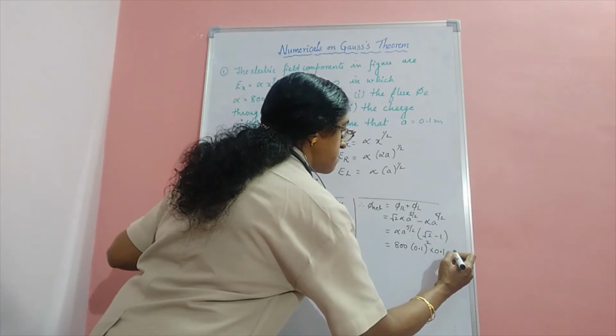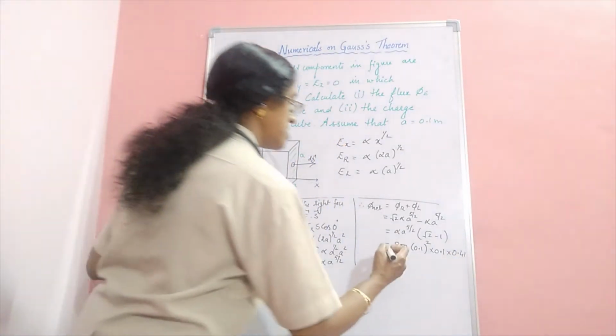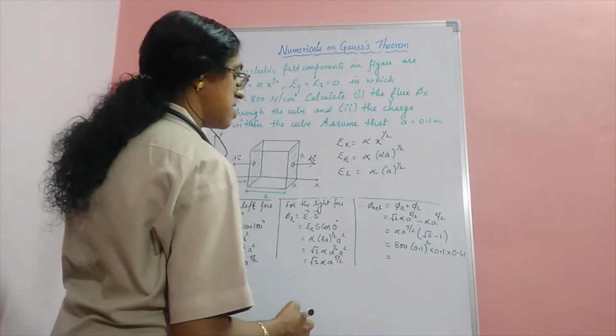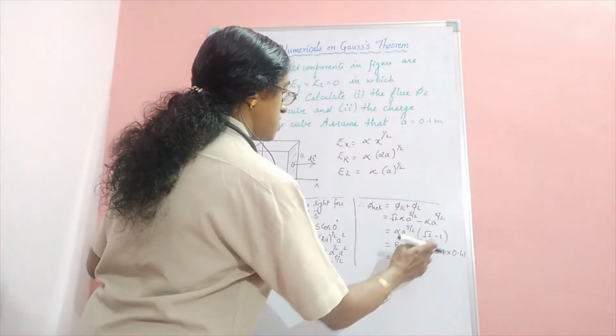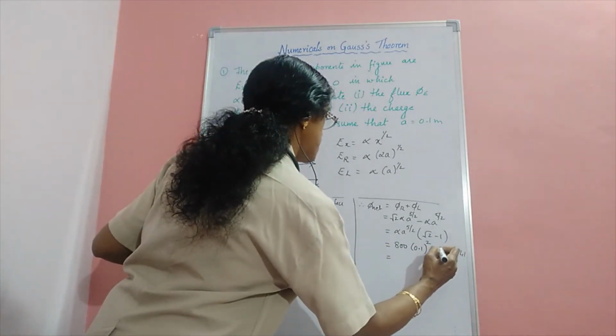So, it would be 0.41. Substituting it, you would get the value 0.1 square into 0.1 root.